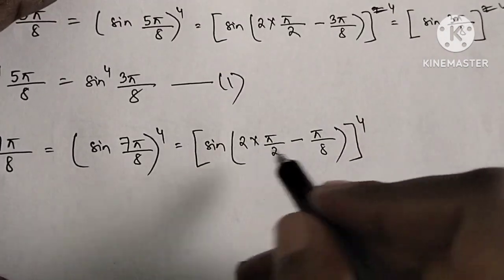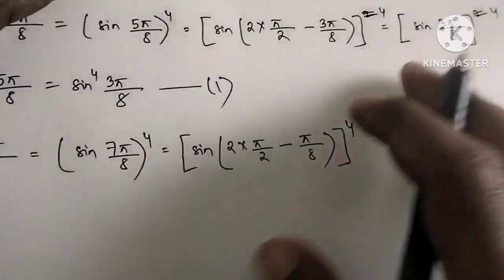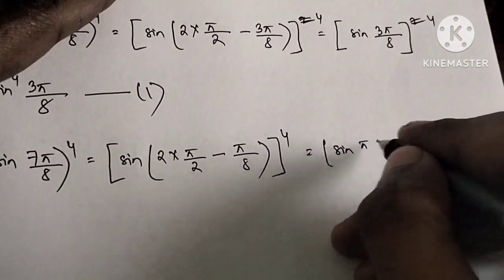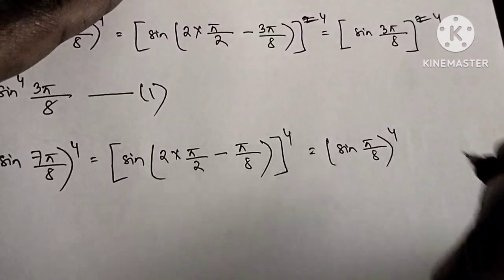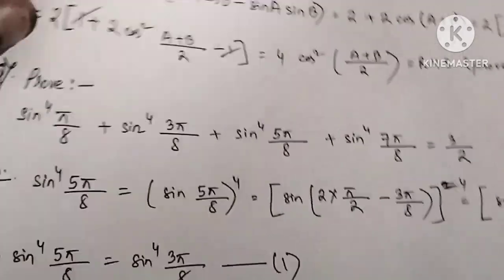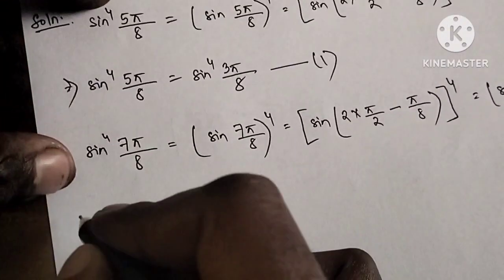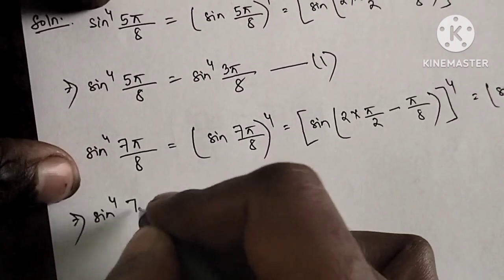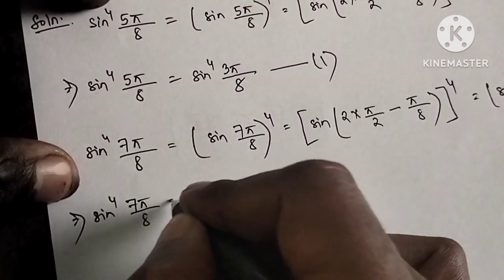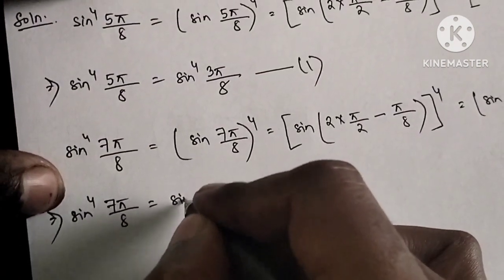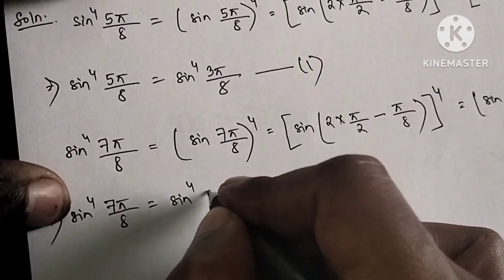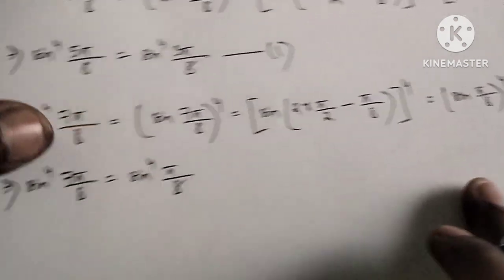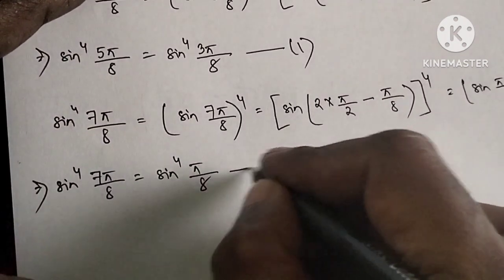Again it is in the second quadrant, so it can be written as sine pi by 8 to the power 4. So sine to the power 4 7 pi by 8 can be written as sine to the power 4 pi by 8, right? So name it as equation 2.